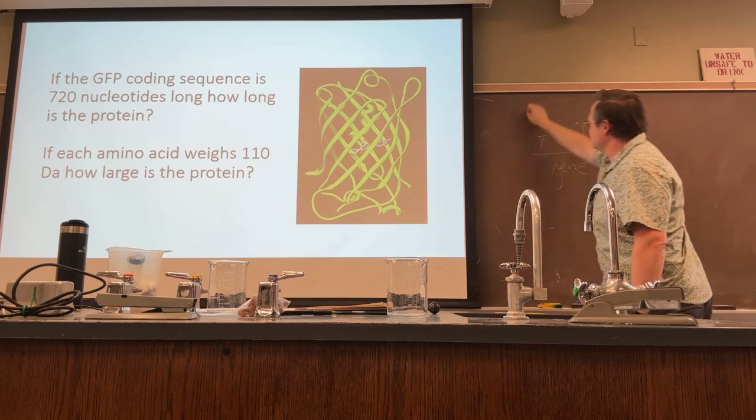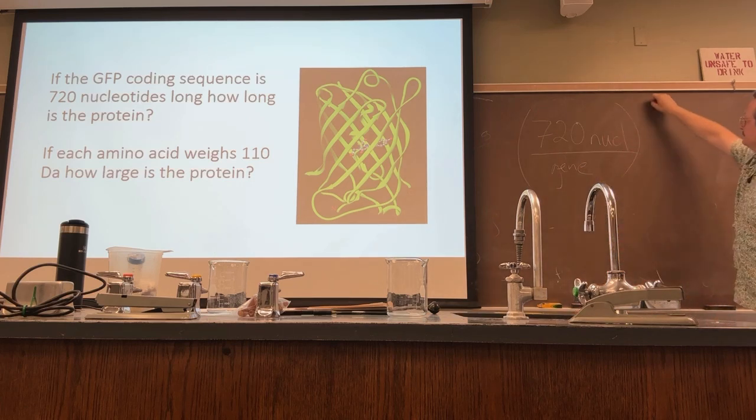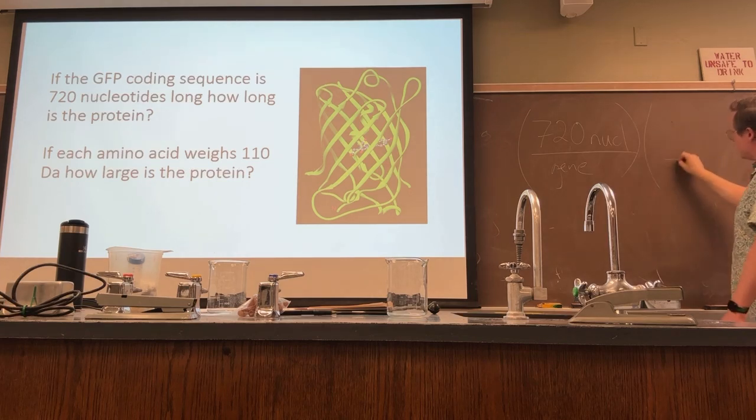And for every 3 nucleotides, there is 1 amino acid. That means that there are 240 amino acids per gene. Or if instead of gene, we put protein, or GFP, 240 amino acids per protein.